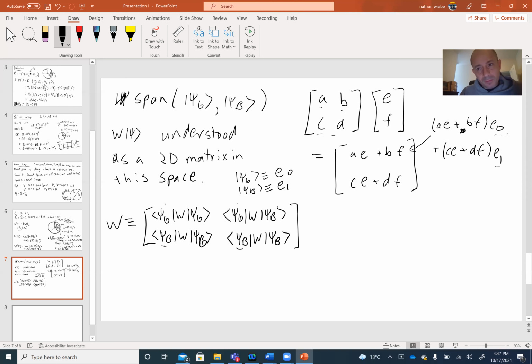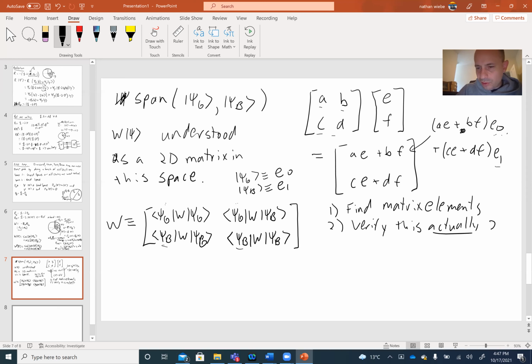Okay, so now that we've found this expression for the action of the matrix inside this two-dimensional space, we need to do two things. One, we need to find the matrix elements. And two, we need to verify this is actually 2D.